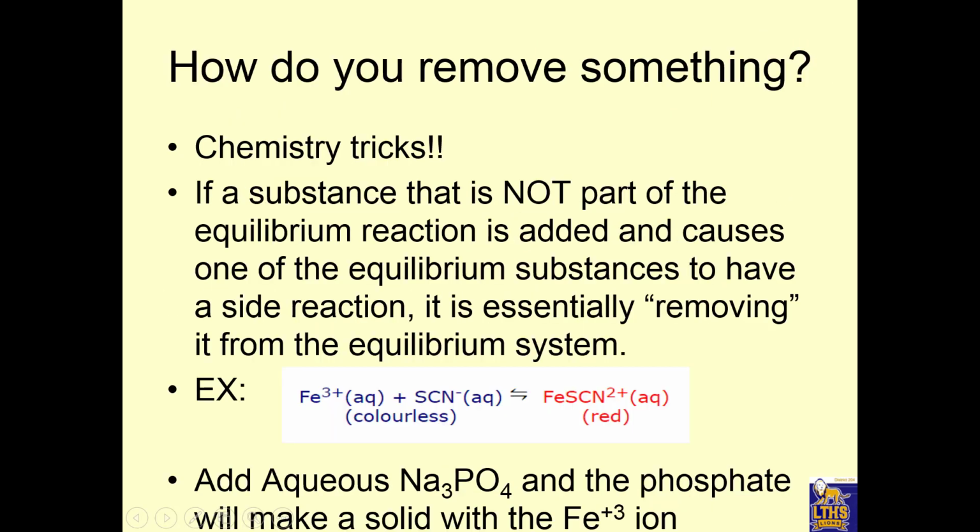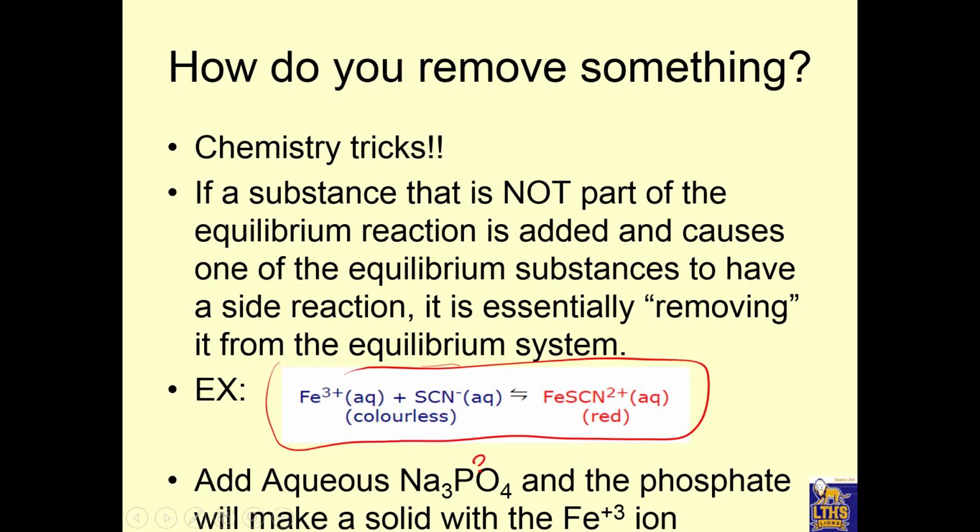How do you remove something in a chemical reaction? You can't reach in and pull something out. If a substance that's not part of the equilibrium reaction is added and causes one of the equilibrium substances to have a side reaction, it's really removing it from the equilibrium system. Here's an equilibrium system. If we add aqueous sodium phosphate, it's not part of this reaction at all. So what is it going to do?